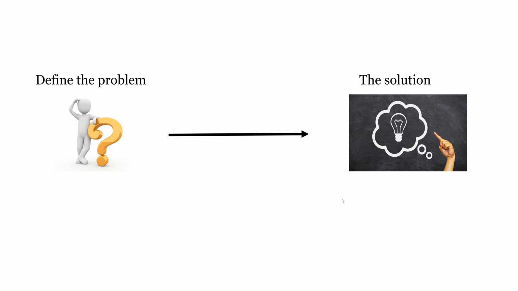So first of all, we need to define the problem. What is the problem exactly, clearly? And if you can write it down on a piece of paper, it would be really great, because you can find your statement of the problem.